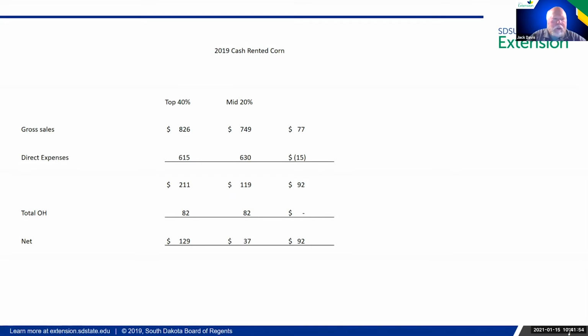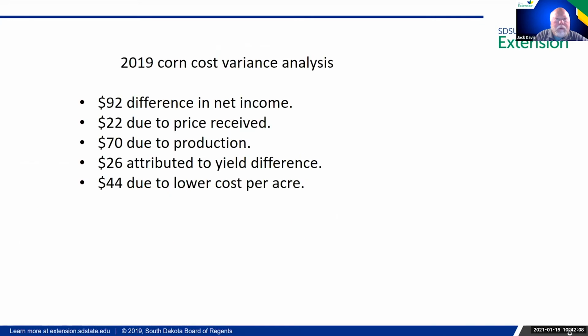We can see $77 was due to gross sales, and direct expenses were $15 less for the top end of that. I'll break it down a little bit more coming up here.